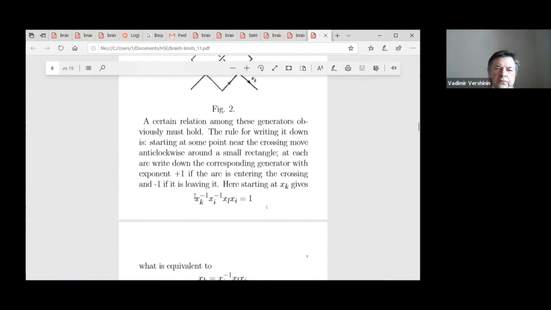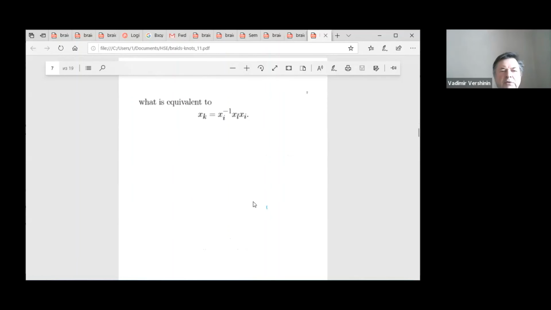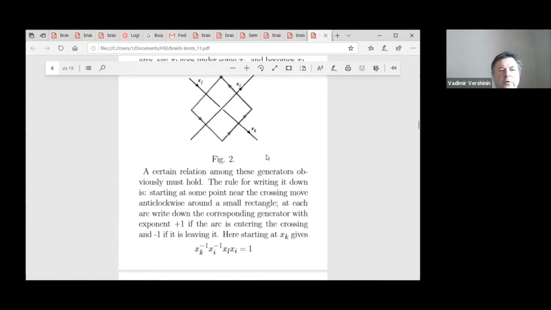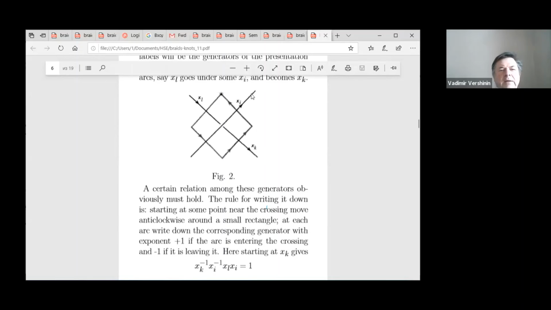So for each crossing you have the following relator. The crossing, as you know, may be of two types. Here the overcrossing goes to the arrow of the undercrossing which goes out.